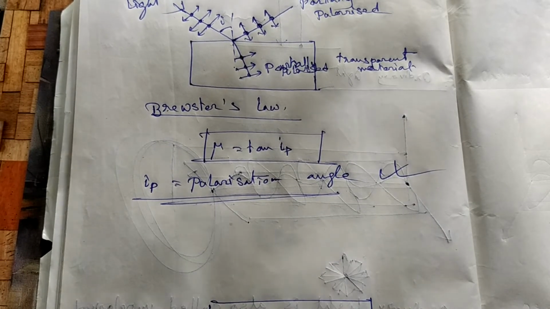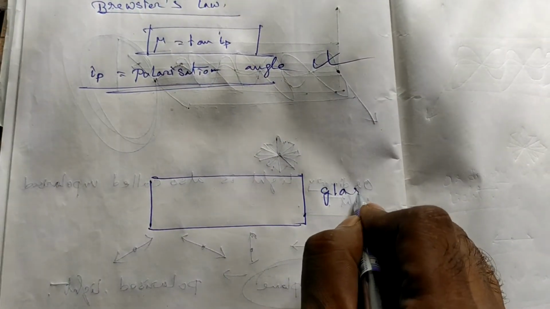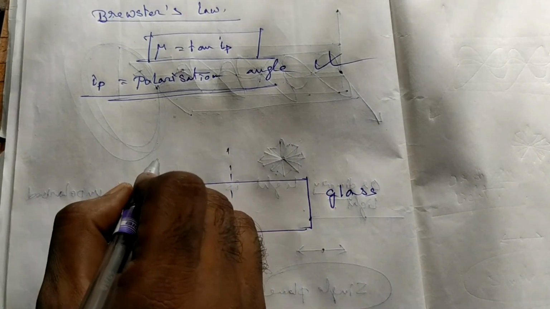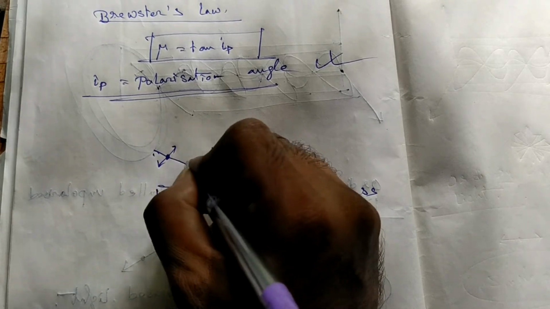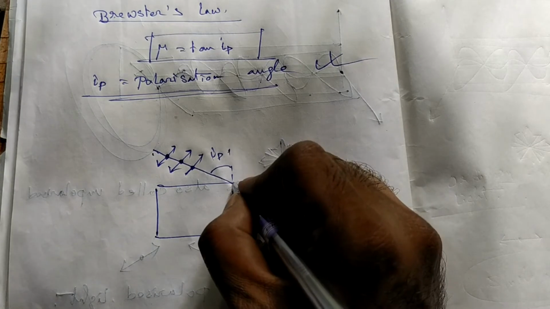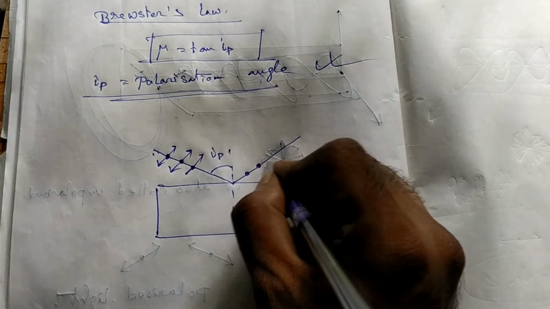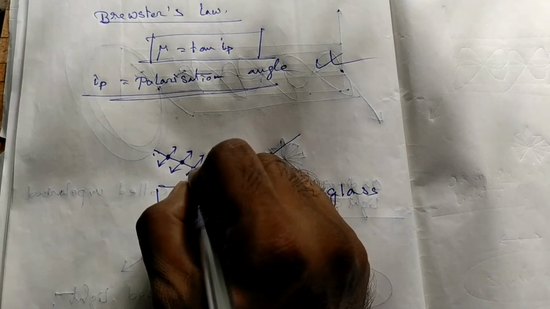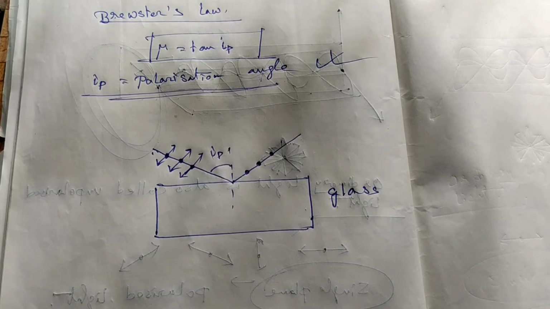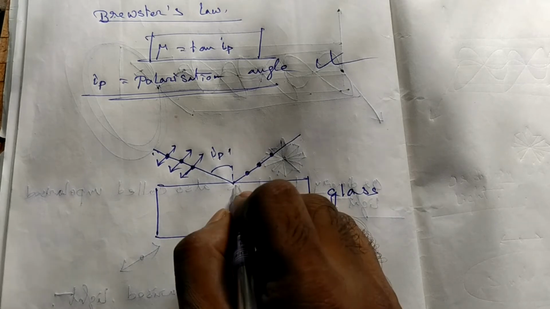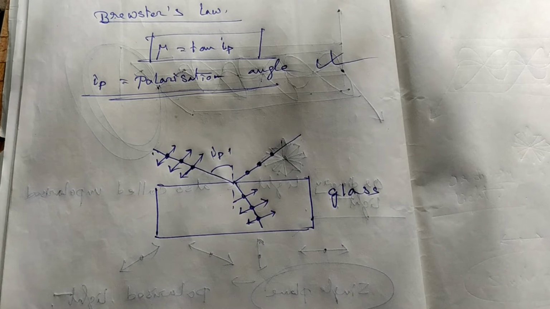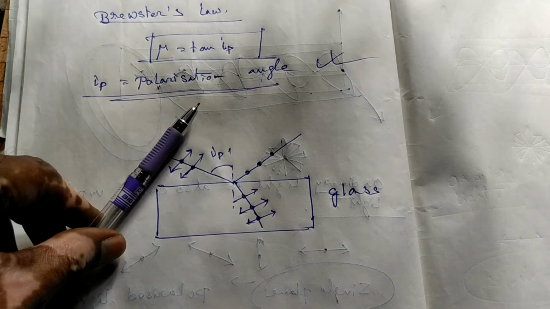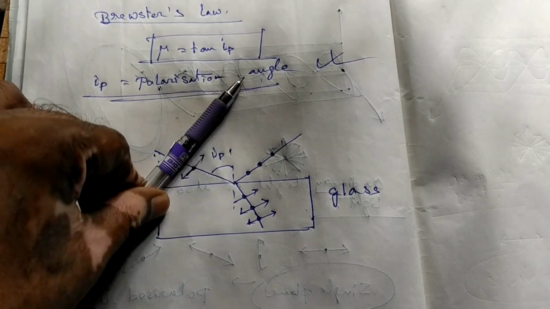Suppose I take a glass material. When I incident a light wave at the polarization angle IP of this material, then after reflection only the wave which vibrates perpendicular to the paper is reflected, and the rest, the parallel component, is not.